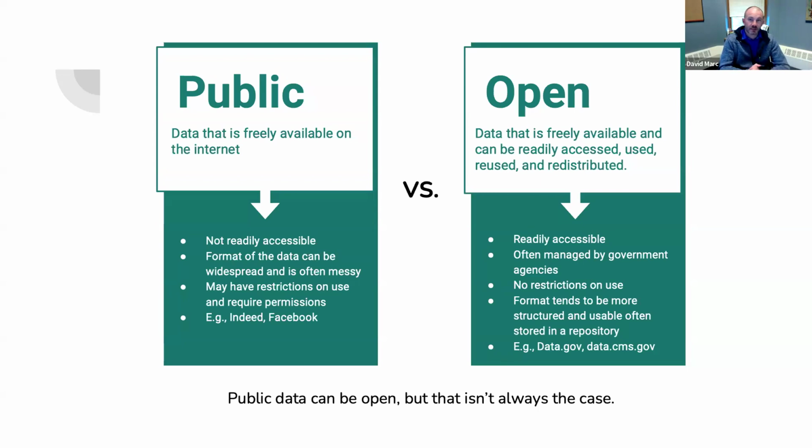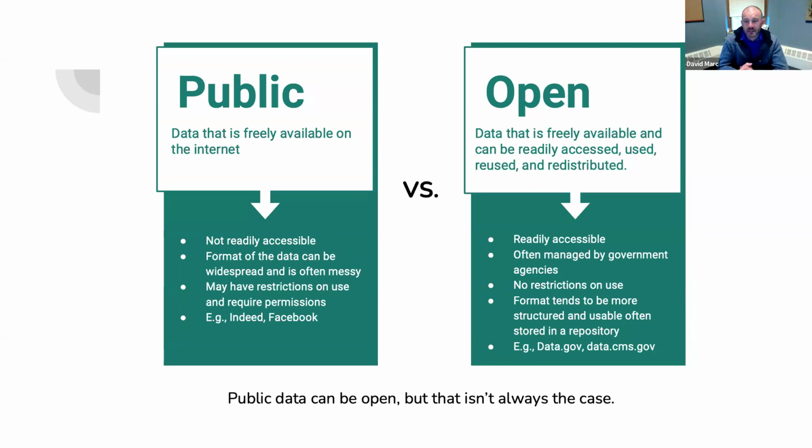There might be restrictions. The distinction between public data and open data is that open data is freely available and can be readily accessed, used, reused, and redistributed, and sometimes even redistributed in a way that it can be sold. So this is data that's readily accessible. Oftentimes it's managed by government agencies, federal agencies, and there are no restrictions on use.